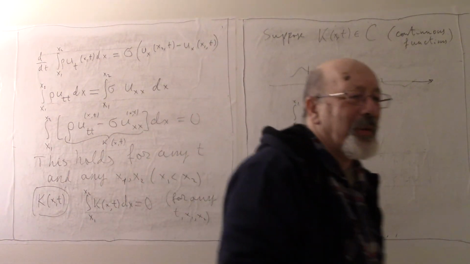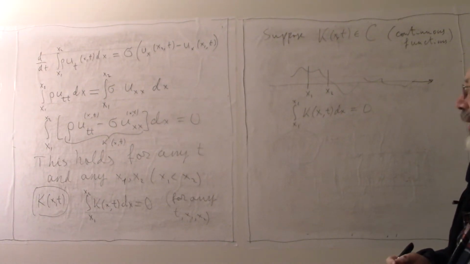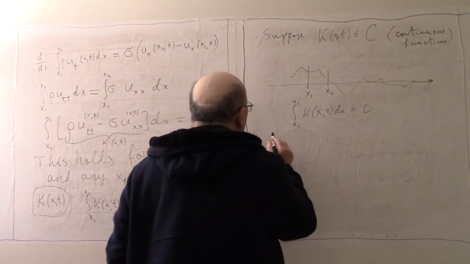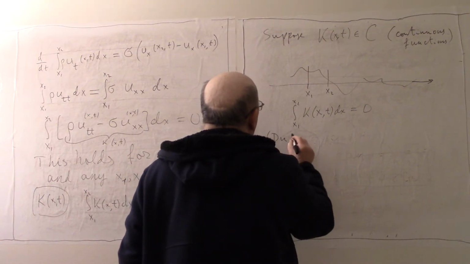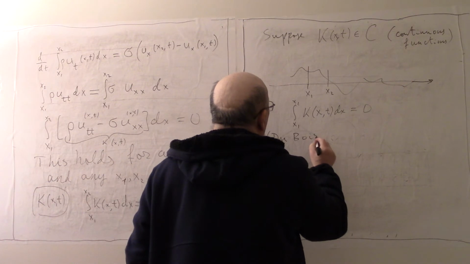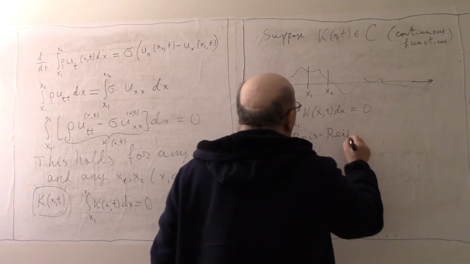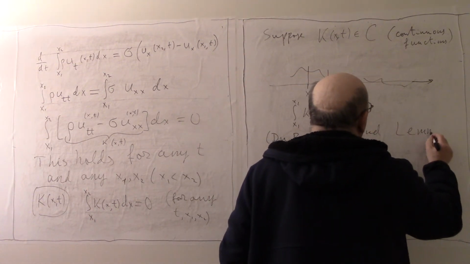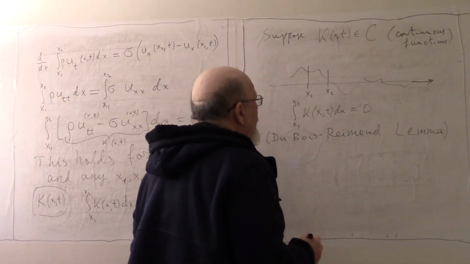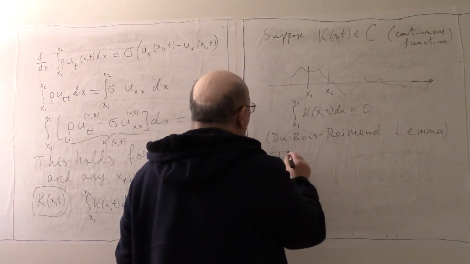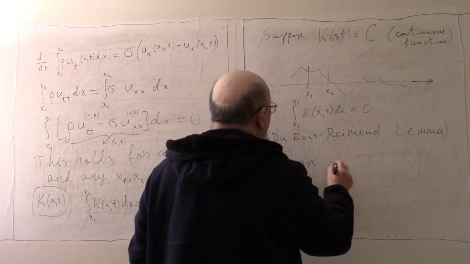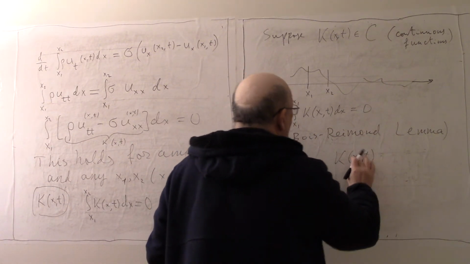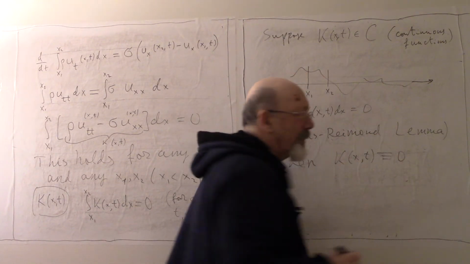What can be said about this function? There is a great result called the du Bois-Reymond lemma, that from this it follows that k(x,t) is identically 0.